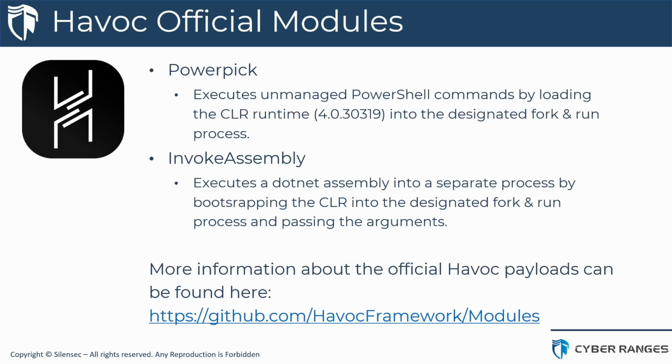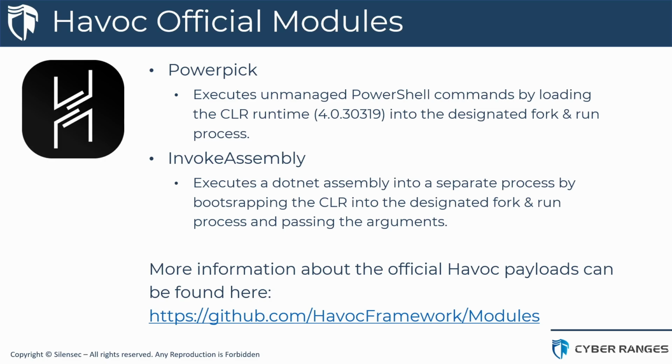In terms of the modules, you might be thinking to yourself, well, how extensible is this C2 framework? At this point in time, Havoc has a couple of officially supported and integrated modules, one of which is PowerPick, which executes unmanaged PowerShell commands by loading the CLR runtime into the designated fork and run process, which is very useful. You also have invoke assembly.